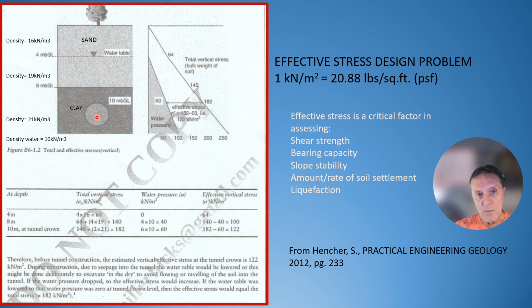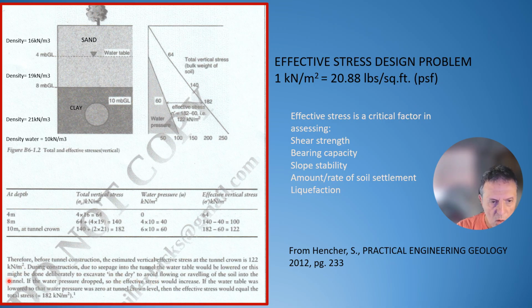So this is a practical problem that engineers deal with all the time in design and build circumstances under unsaturated and saturated conditions. So take your time and look at this diagram, look at my numbers. Hopefully I explained it clearly. If not, it's fairly simple to go through this figure and to go through these calculations and to read this down here. At the tunnel crown is 122 during construction.